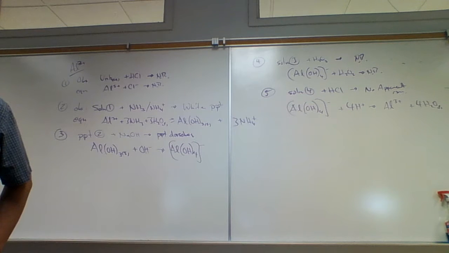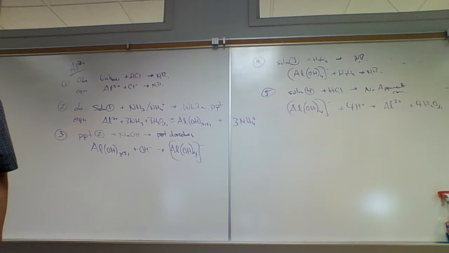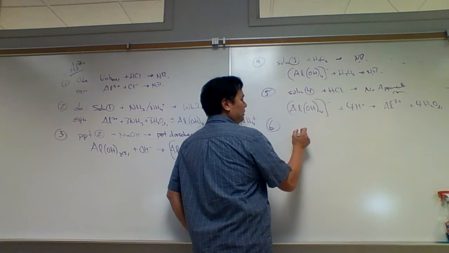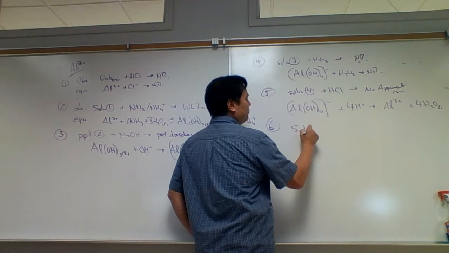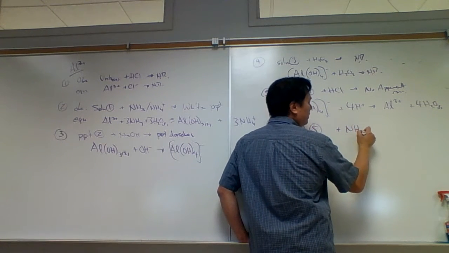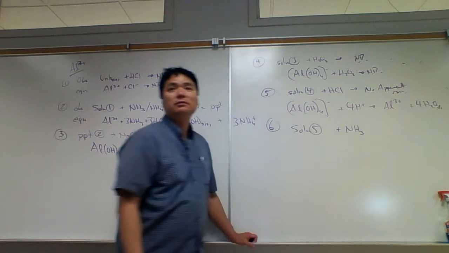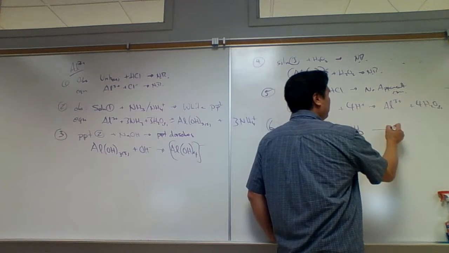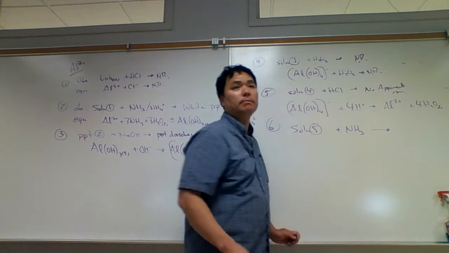Okay, after adding the HCl, then what? Okay, are we adding the buffer? So we're going to take solution 5, and then we're going to add ammonium, or just ammonia? Why no ammonium?